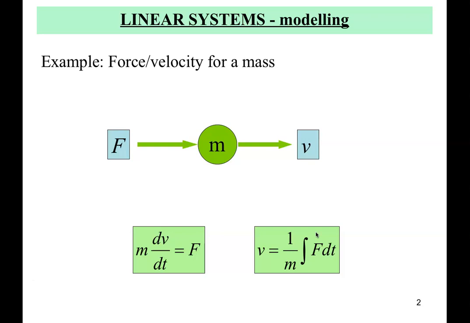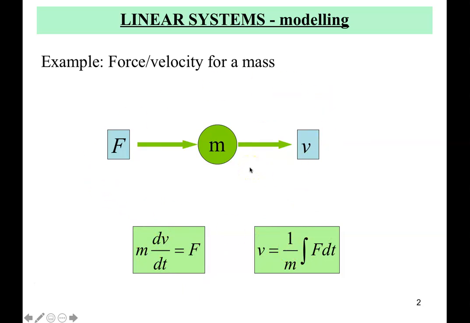I don't have to do an experiment as long as I know the value of m, or the weight of that mass, and I know the profile of the input F. Now, either this equation or that equation is a mathematical model of that system.